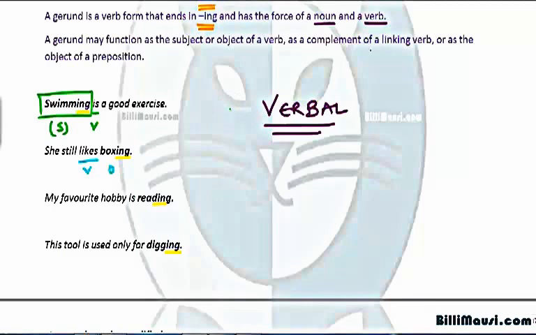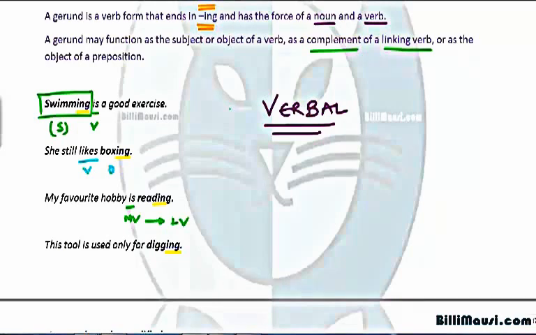Have I discussed complement and linking verb? If you have not gone through the video on linking verbs, you'll be able to understand it better if you go through it once. Here is the main verb, which is behaving as the linking verb.